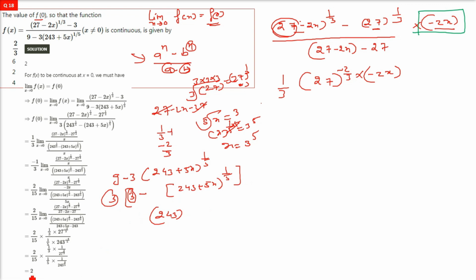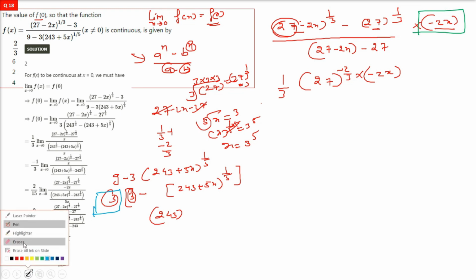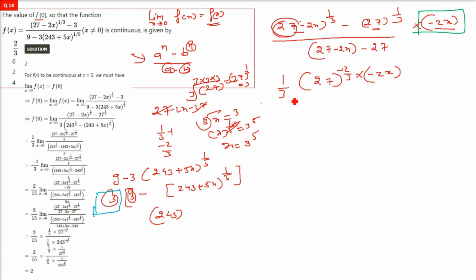I'll just mark it so that you know what we are going to use later, because these terms we just forget and we don't get to the proper answer. We have this 243, and this 243 raised to the power 1 by 5 minus 243 plus 5x raised to the power 1 by 5.